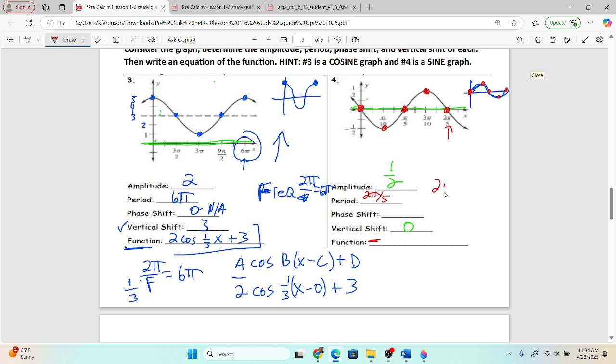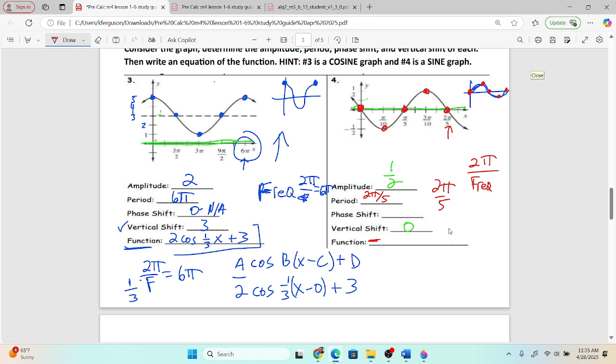So if 2 pi over 5 was one complete cycle, then my frequency is... So what's my frequency? It's not 2.5. I got 2 pi over 5.